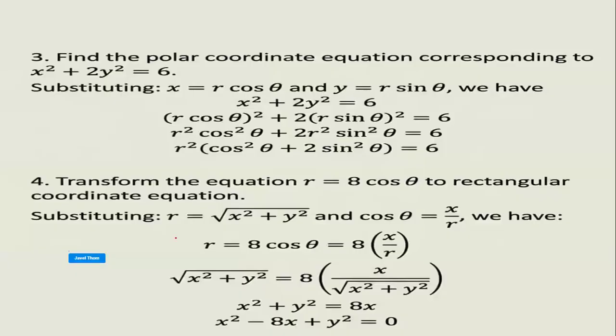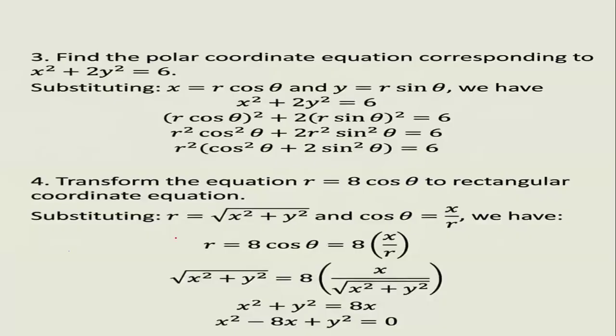All right, so now I will walk you through some other examples. It says find the polar coordinate equation corresponding to x squared plus 2y squared equals 6. So we need to utilize our formula. We substitute for x, replacing that with r cos theta, and y, we replace with r sine theta.